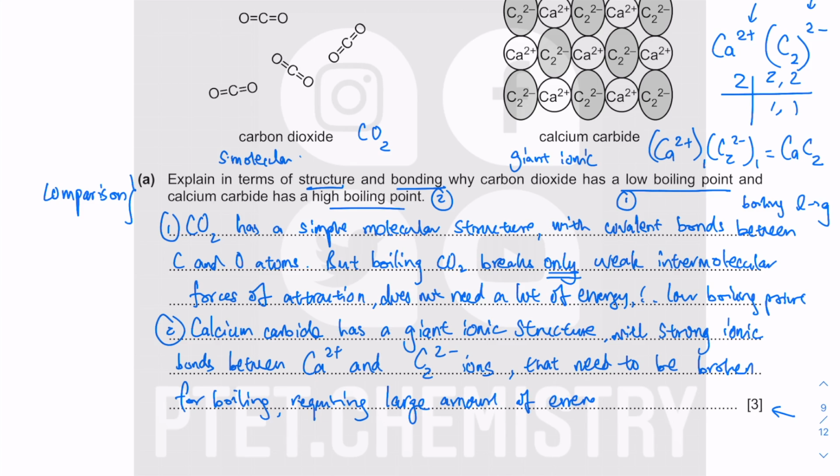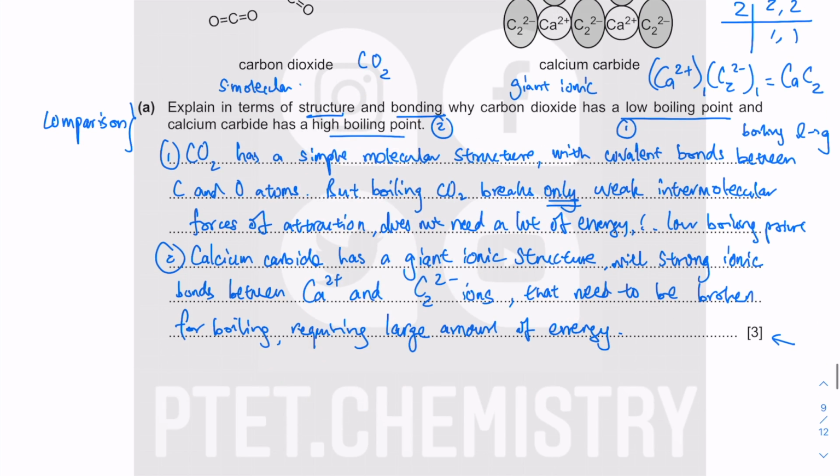Actually, just by writing these two is still not enough. You really must compare. We have not compared yet. We have just stated for CO2 and calcium carbide on its own. Lastly, we need to compare why this one is high, why this one is low. All right, so just make a very short statement.